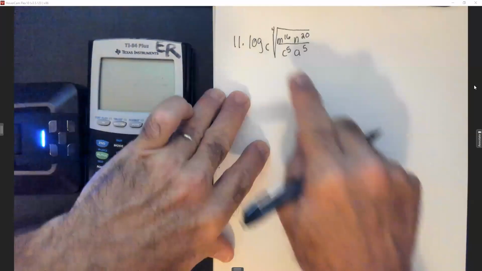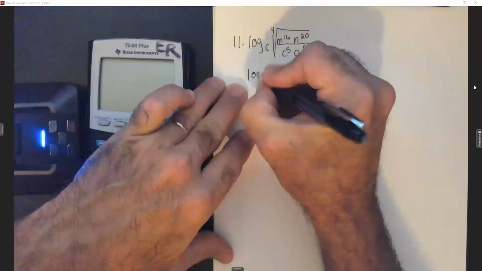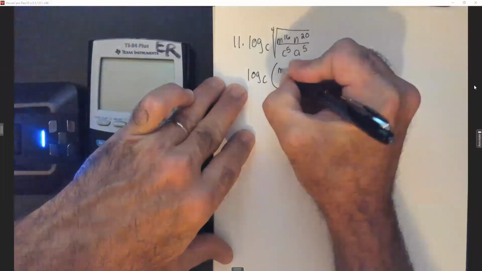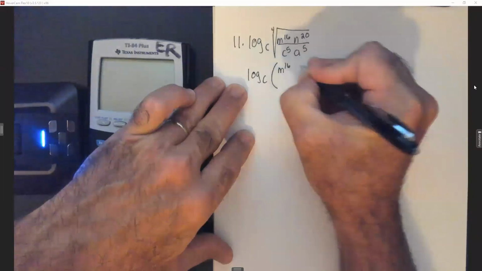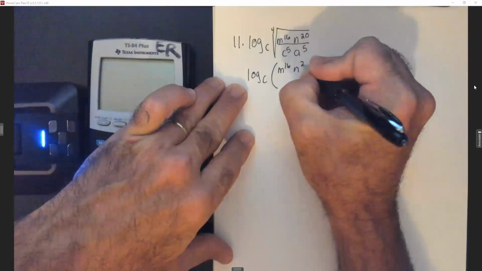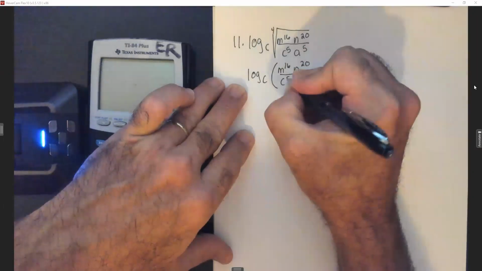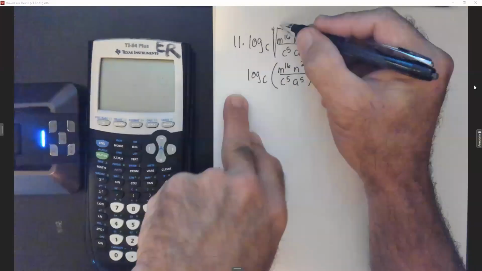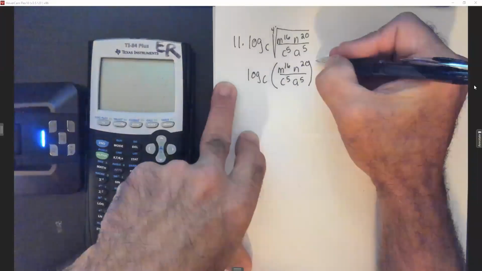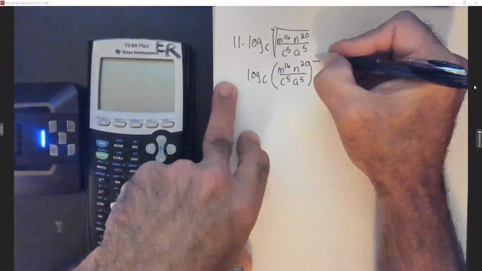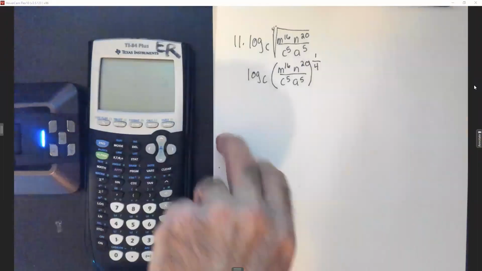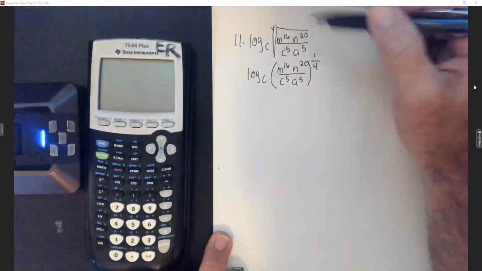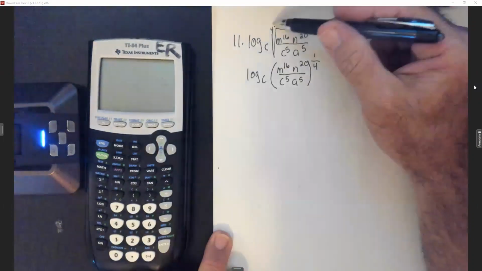So definitely the first thing I'm going to do is get rid of this radical. I'll put everything in parentheses, M^16 N^20 over C^5 A^5. And since this was a fourth root, this exponent will be a 1 over 4. So radicals are always 1 over whatever that index is, okay?